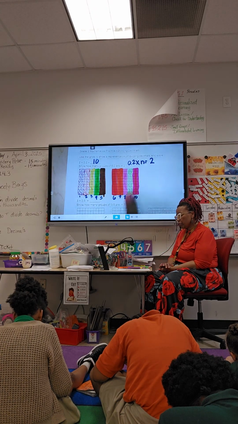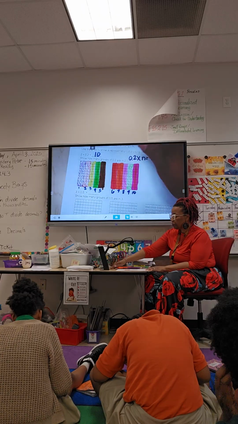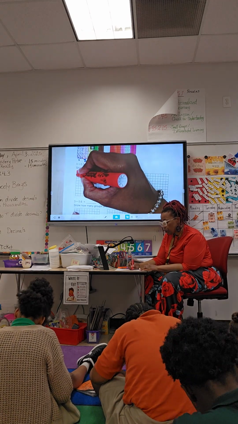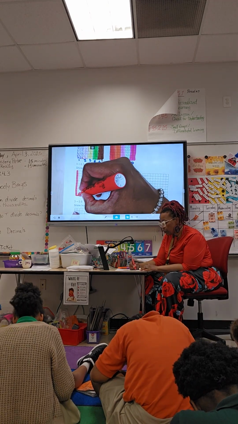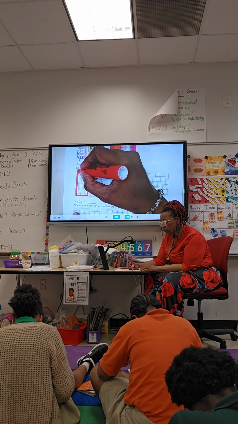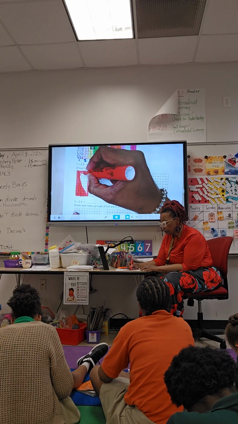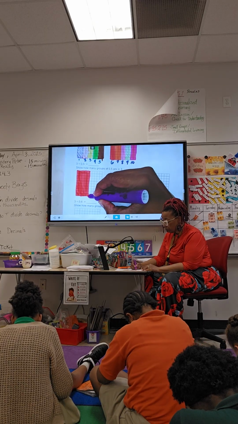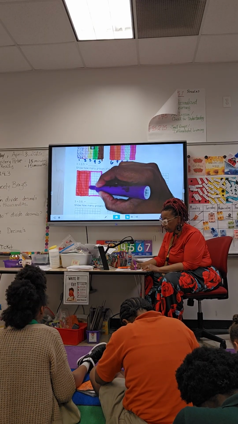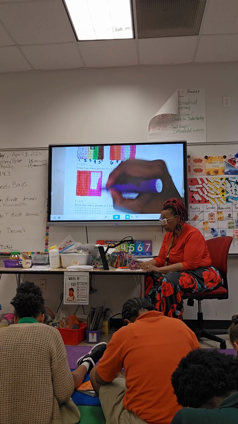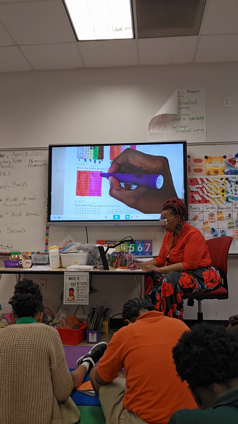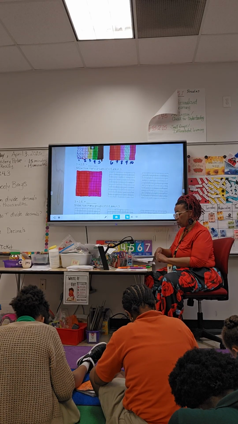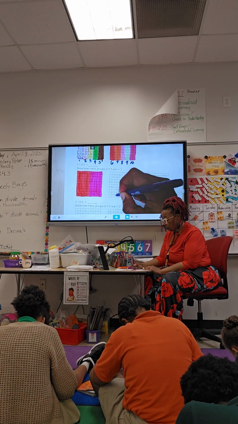All right, that's number 1. Number 2, I've got 3 wholes. And I'm gonna divide it into groups of 5 tenths. 1 tenth, 2 tenths, 3 tenths, 4 tenths, 5 tenths. 1, 2, 3, 4, 5.